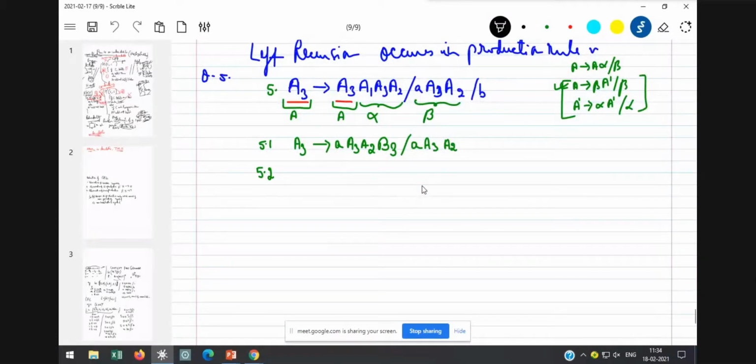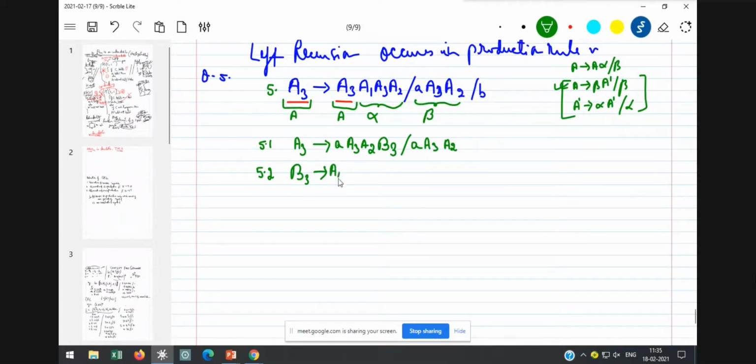Okay, it's here. So now A dash. In my case, A dash is B3. Let me use green color. So in my case, A dash is B3, and then alpha, followed by A dash.